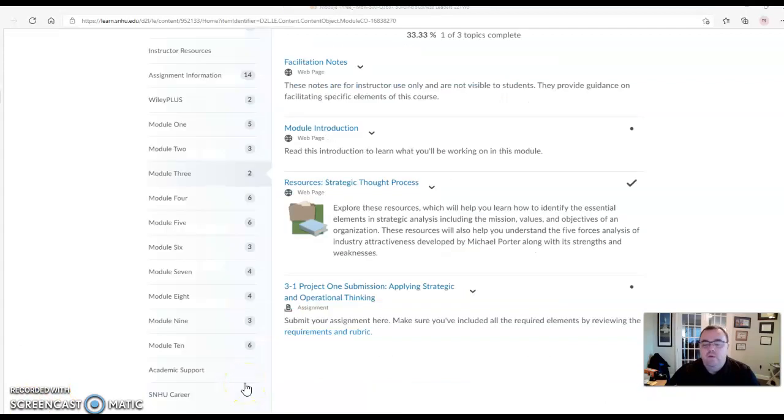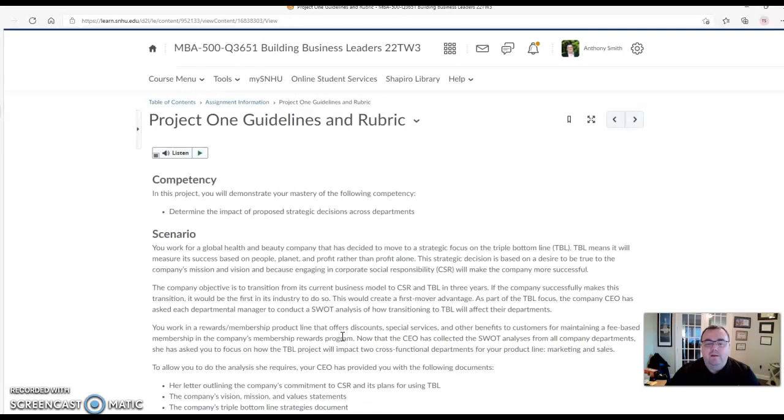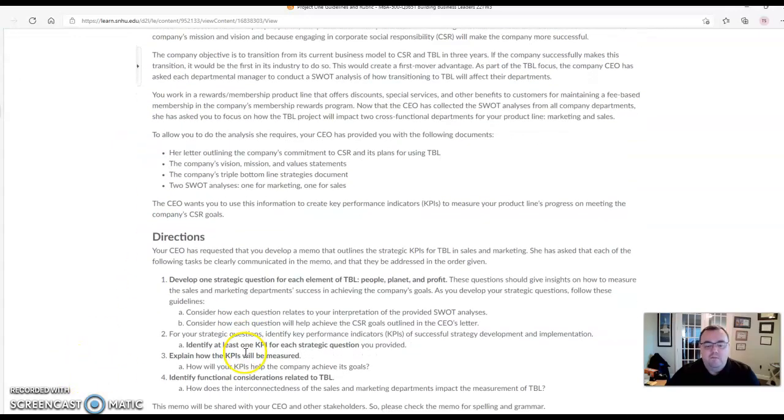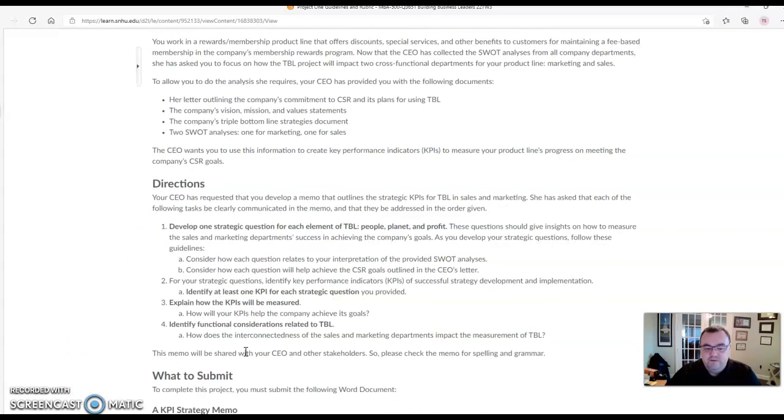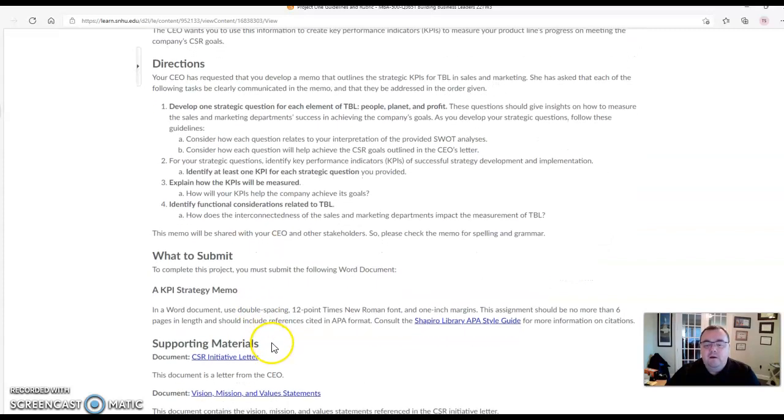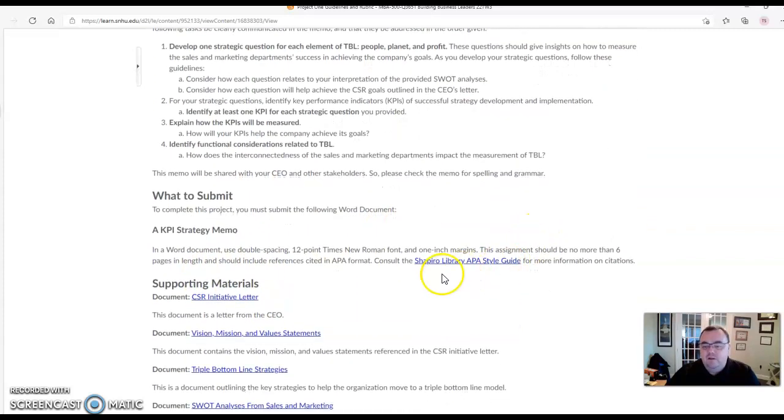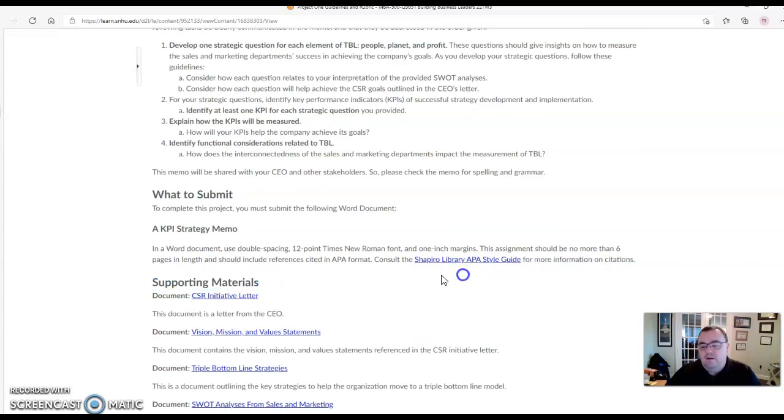All right, so the other thing I want to do is make sure everyone understands how to get to the requirements, how to get to the rubric, and that sort of thing. If you didn't see how I got there, this is the requirements and directions specifically. These are everything that you need. This is the APA style guide, right?